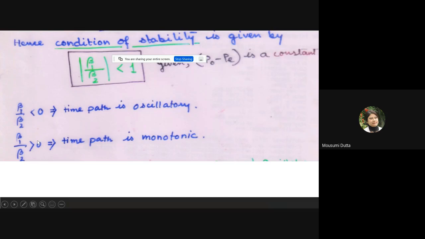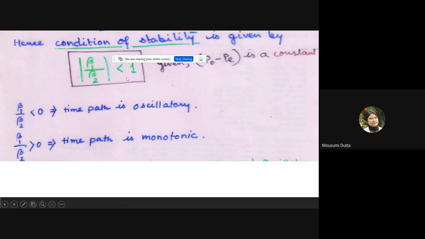Next, we will consider beta 1 by beta 2 greater than 0, and we will consider mod beta 1 by beta 2 greater than 1 and less than 1. If mod beta 1 by beta 2 is less than 1 and it is positive, you will get a monotonic convergent time path.